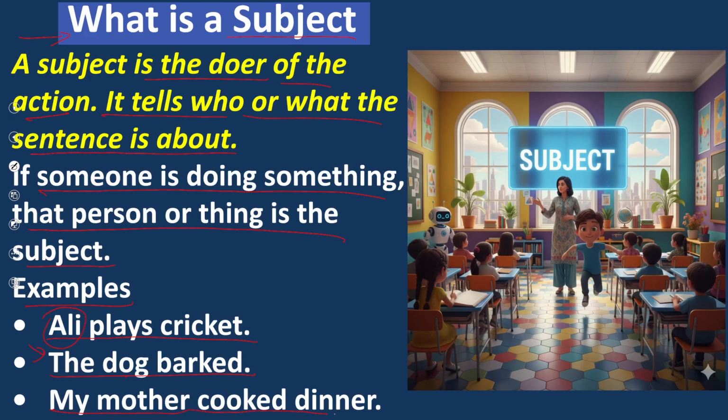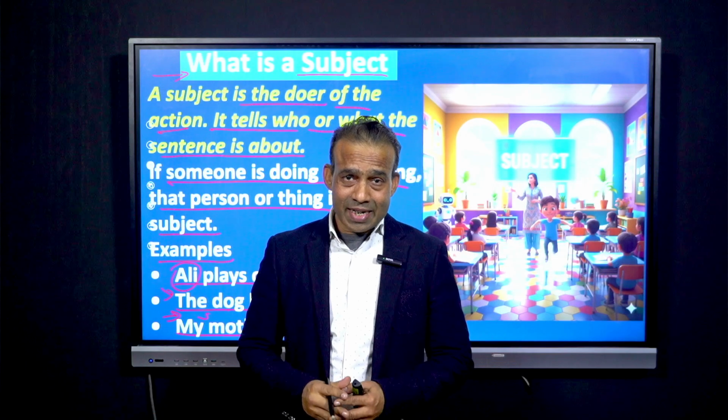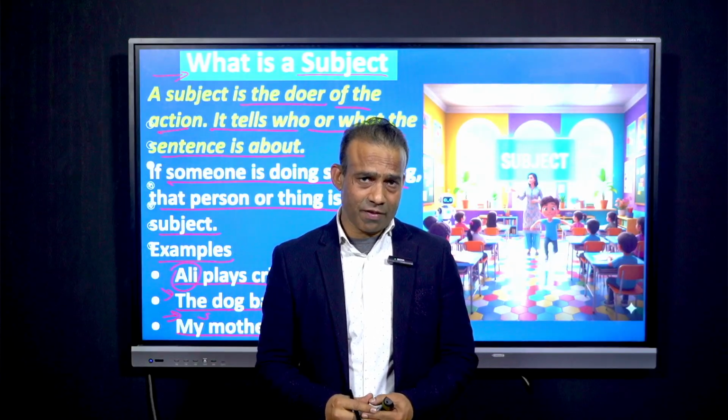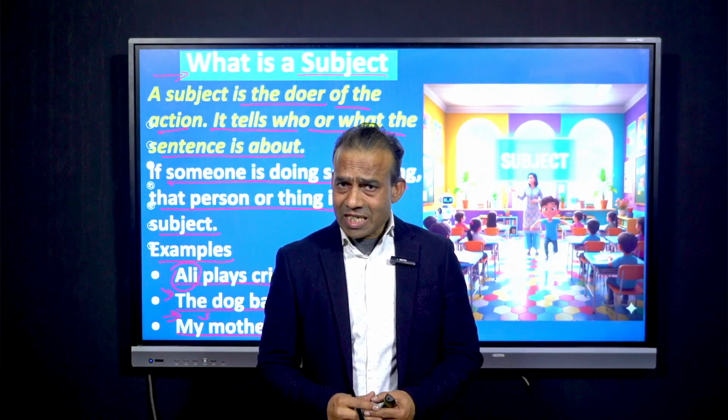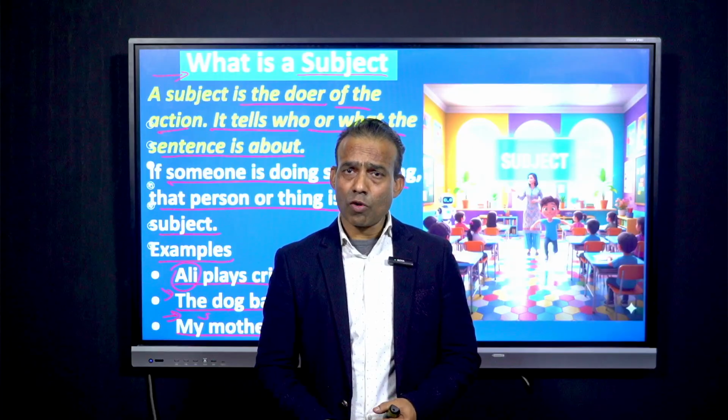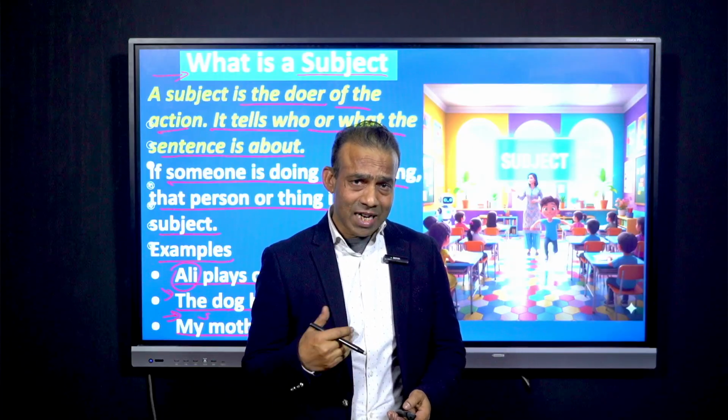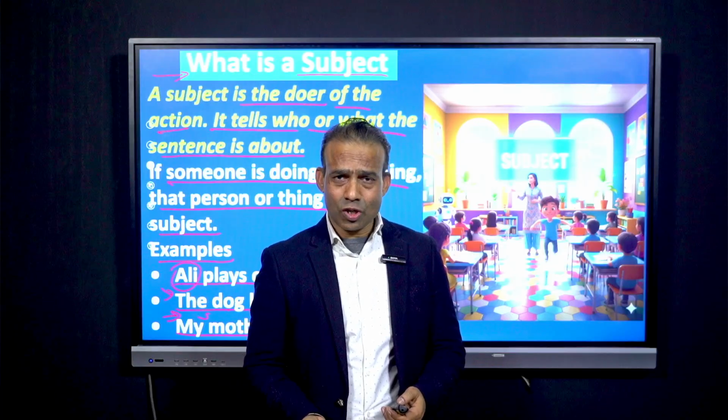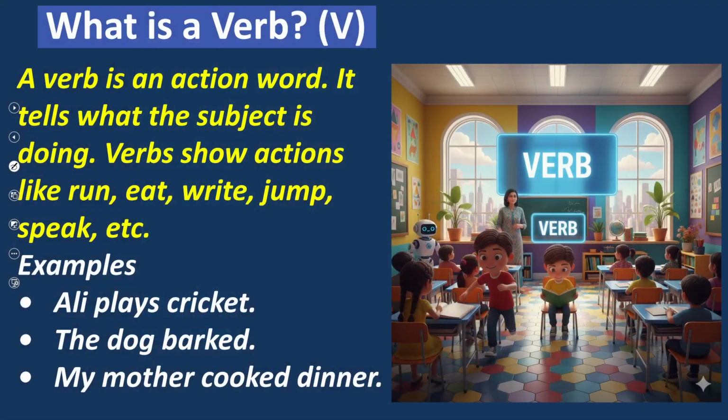My mother cooked dinner. Now, the whole activity of cooking dinner is done by mother. So, this is the subject. So, once again, dear learners, you are now well aware of the concept of the subject. Now, move to the next slide and try to understand what the new thing is there.